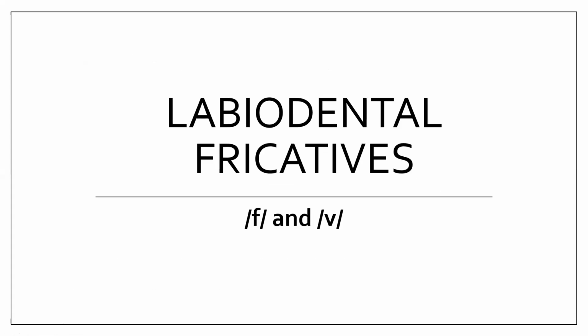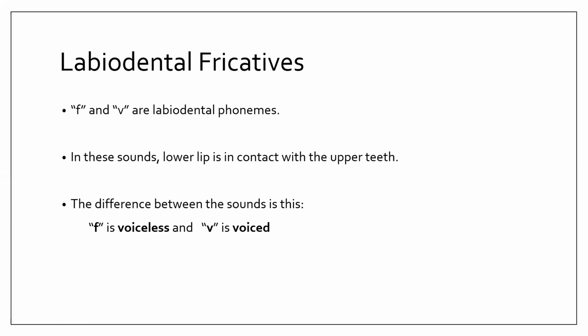Okay, thank you. First are two labiodental phonemes, f and v. They are fricatives. That means that as you push air from your mouth, you use lips and teeth to change the flow of air. In these sounds, the lower lip is in contact with the upper teeth.